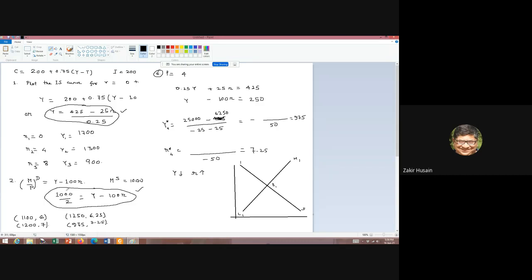So if the price level goes up, then L by P falls. The LM curve will shift upward.